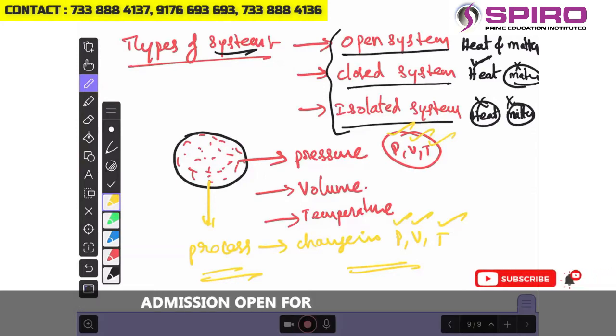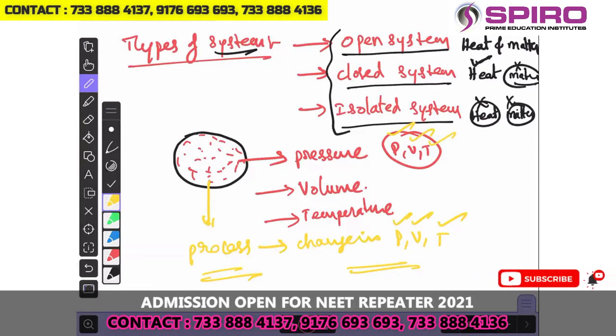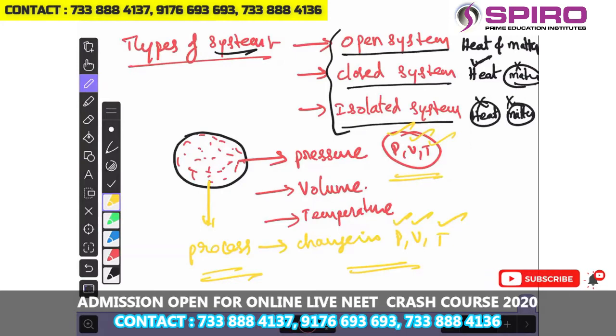Okay, so we will consider the processes one by one here. And the study of all these processes is nothing but called the thermodynamic processes. Okay, and in these thermodynamic processes, we are going to study the special cases here.